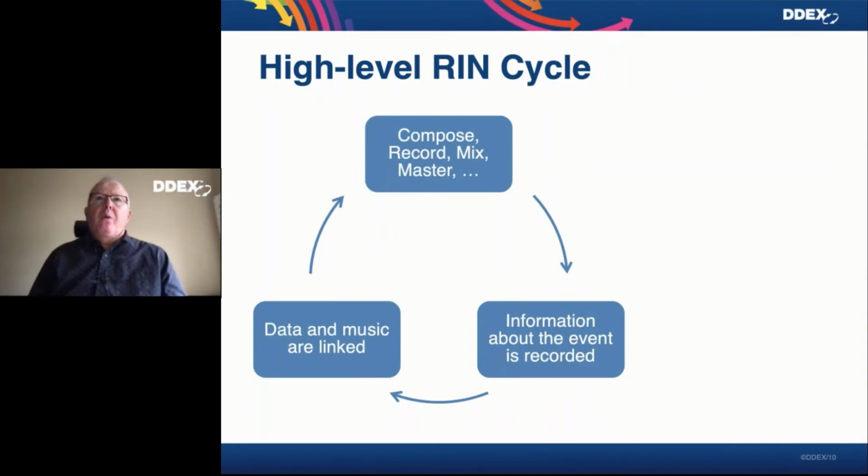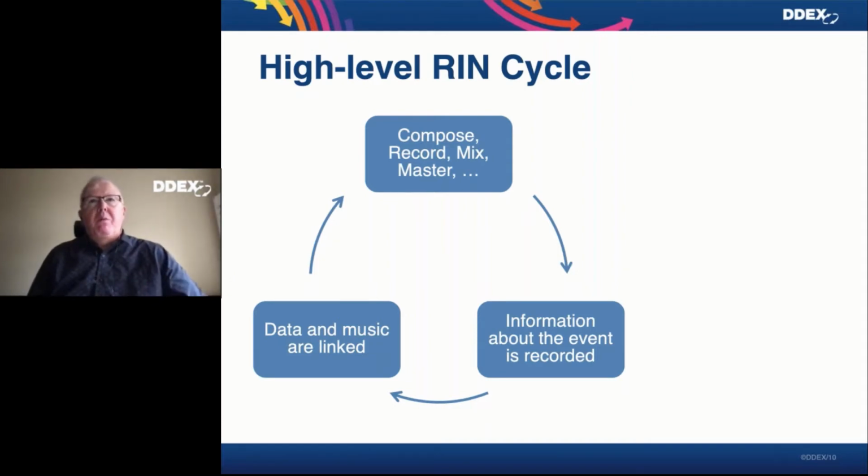So when we originally conceived the RIN back in 2016, the cycle that we had envisaged is very much a circular one, circular and or parallel. There's a process where creations are composed and recorded and mixed and mastered.